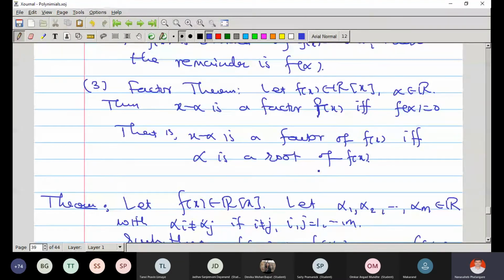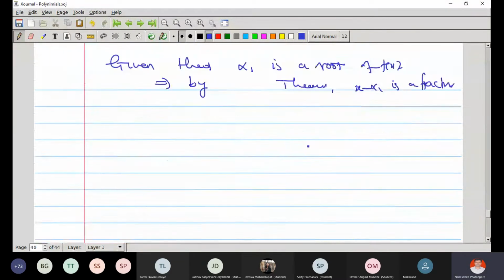So by the factor theorem, x minus alpha 1 is a factor, and therefore f of x is equal to x minus alpha 1 times some p1 of x, for some p1 of x in R[x], because there is another factor, which is p1 of x.